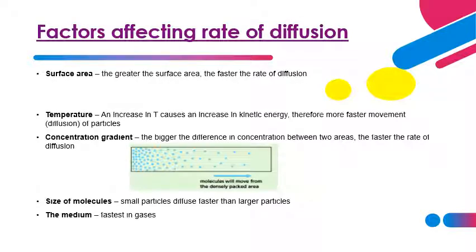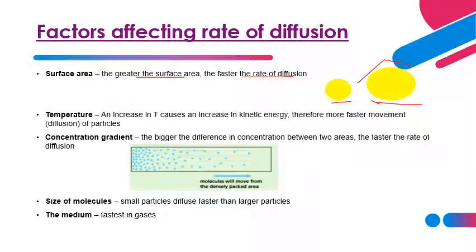Factors affecting rate of diffusion. Surface area. The greater the surface area, the faster the rate of diffusion. This is because, let's say it's a cell, this greater cell has much more potential to have low concentration than this cell, which also has low concentration but not as much as compared to this cell.